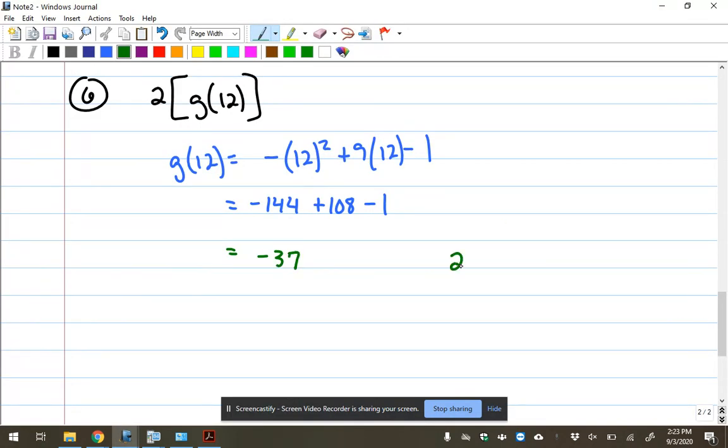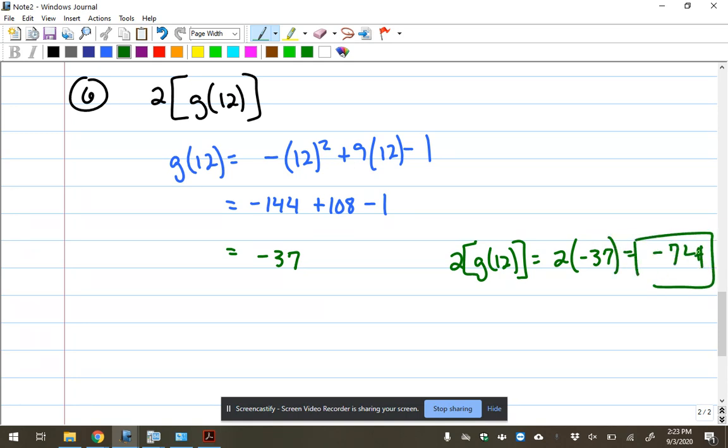And then I'm going to say 2 times g of 12 means 2 times negative 37, which is negative 74. What's wrong with my 4 there? It wouldn't work. The final answer would be negative 74. Not terrible. Not too bad stuff.